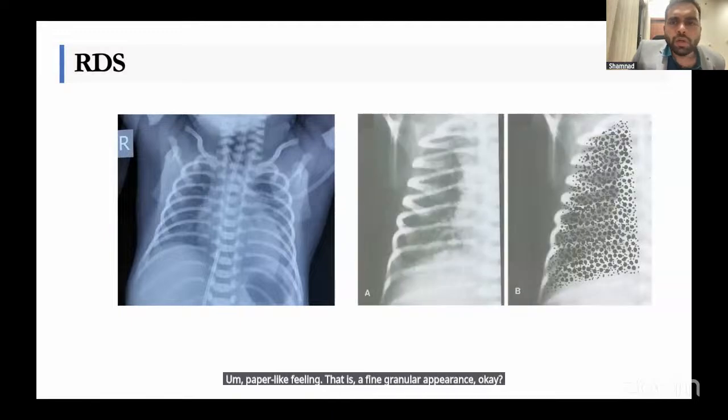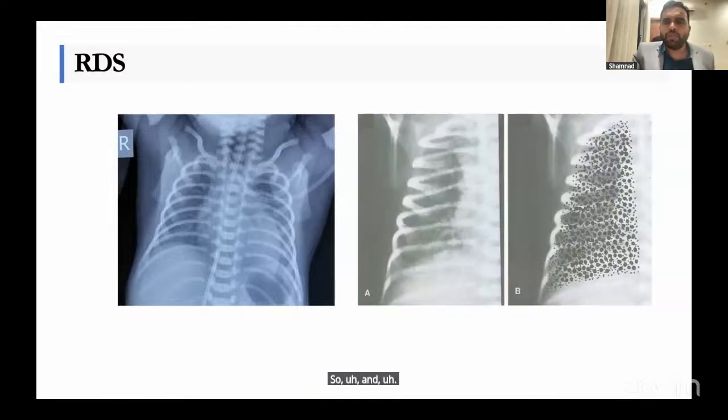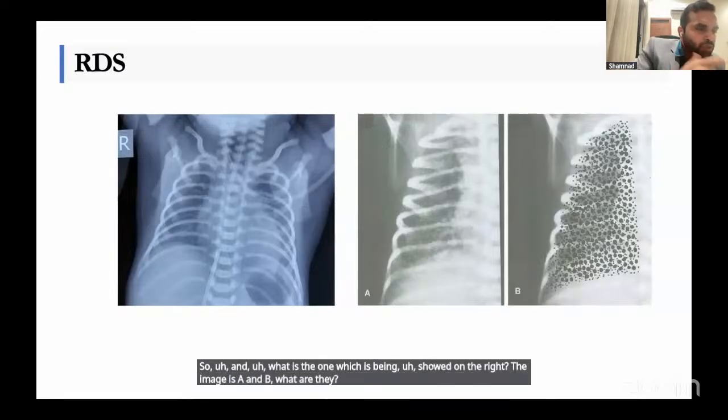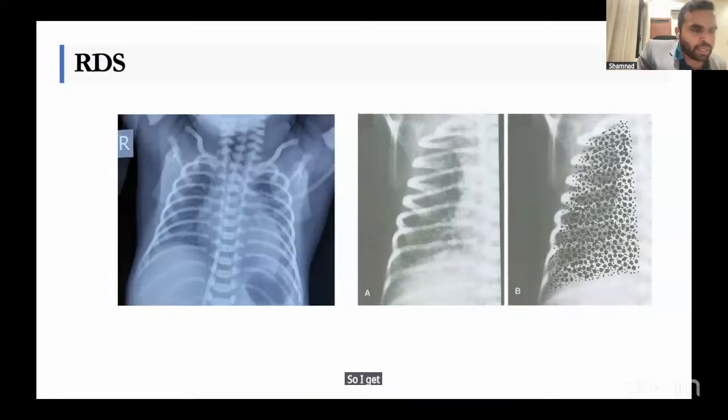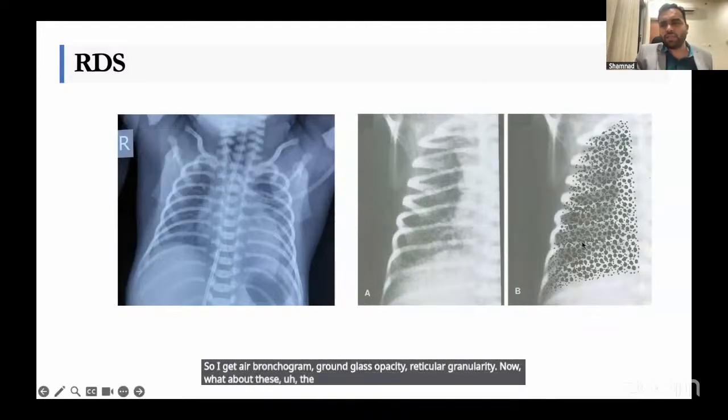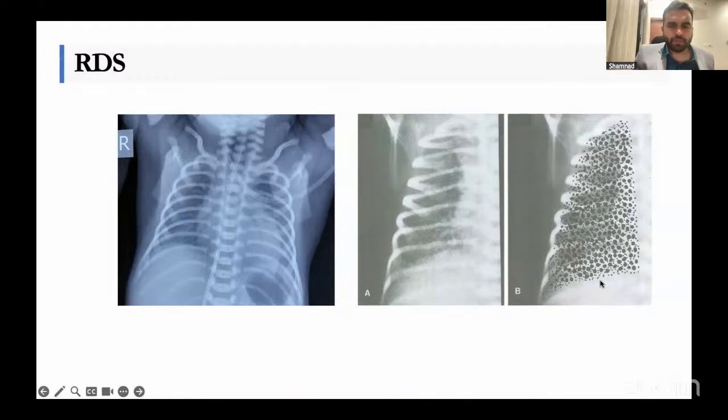Okay. And what is the one being shown on the right? The images A and B, what are they? So I get air bronchogram, ground glass opacity, reticular granularity. Now, what about the black things which I have shown here, in image B? Anyone?